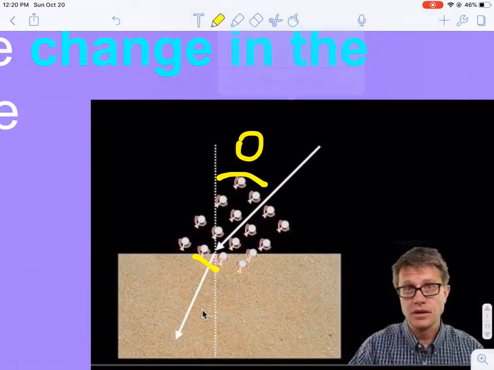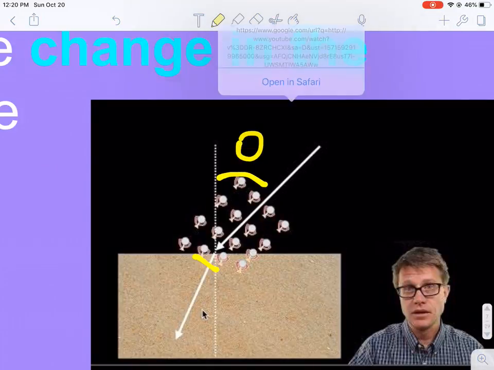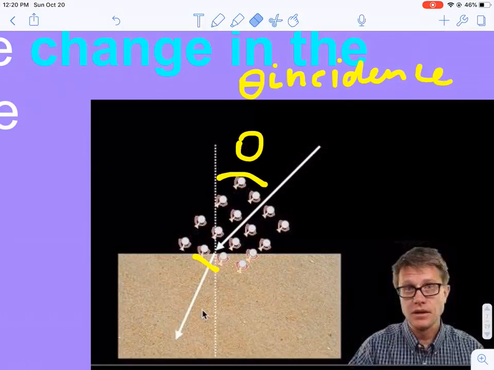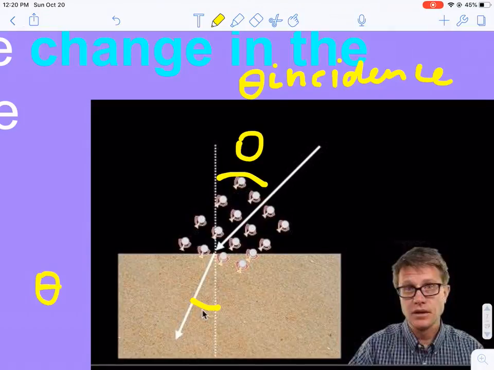So that is often written as angle of incidence, coming in. The angle that we see over here is the angle of refraction coming out.